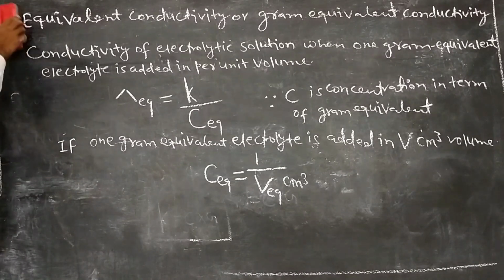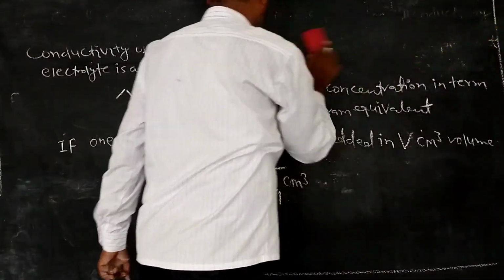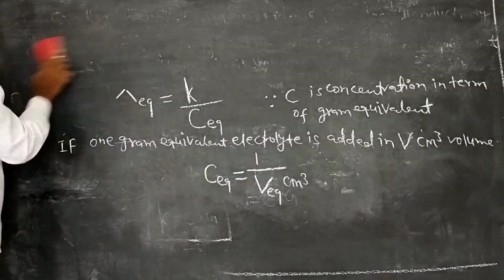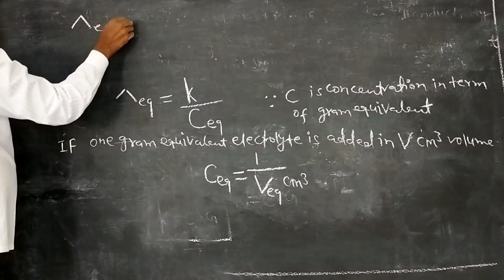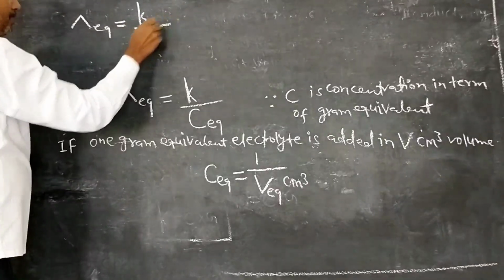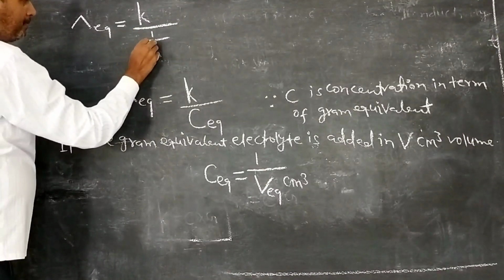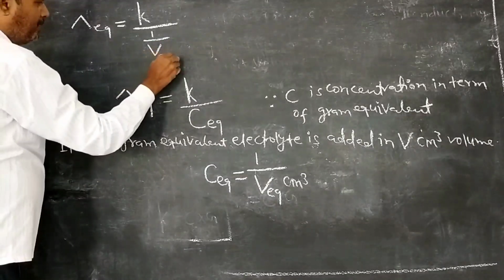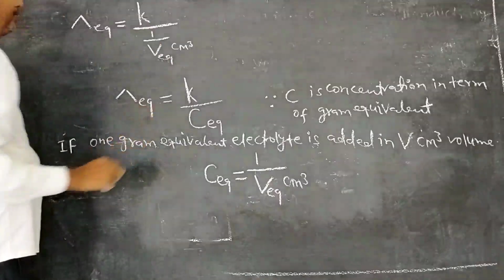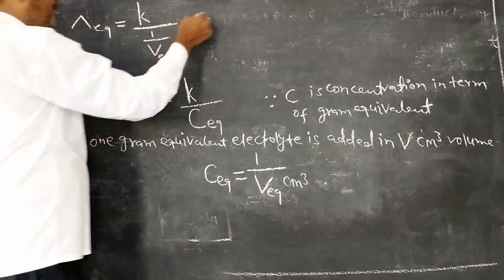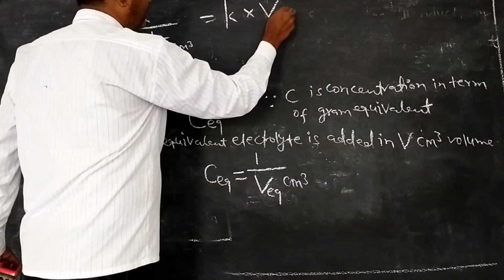lambda EQ is equal to kappa upon 1 upon V EQ, cc or centimeter cube, thus kappa into V EQ.